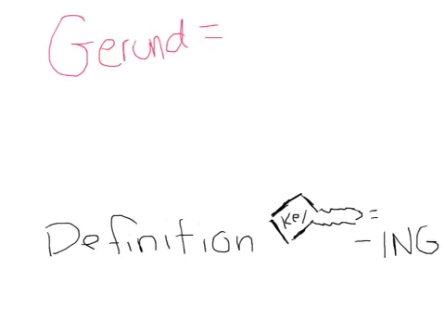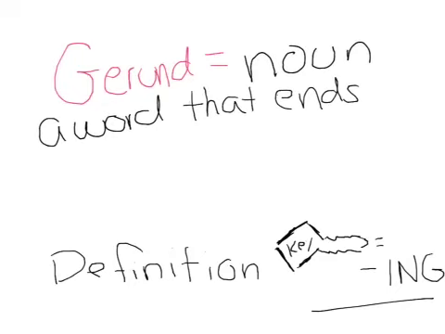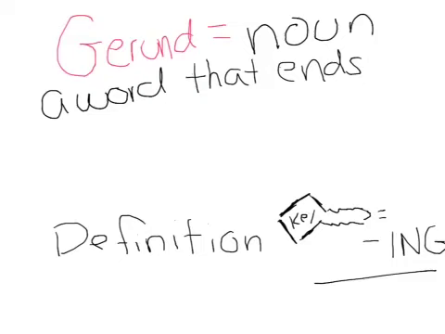The key to a gerund is that it has to end in ing. It's not going to be a gerund if it doesn't end in ing. And as I said, we think about ing words as verbs, but gerunds are not verbs. Gerunds equal nouns. So the true definition of a gerund is a word that ends in ing. Sorry about that.